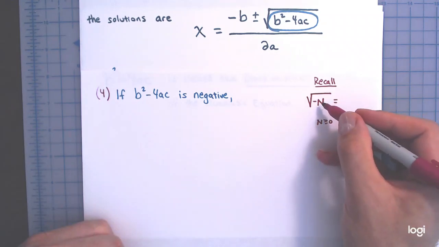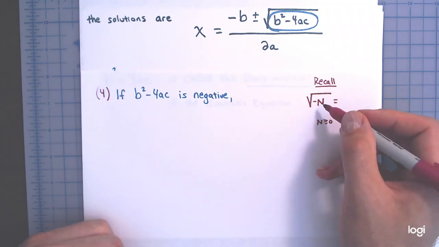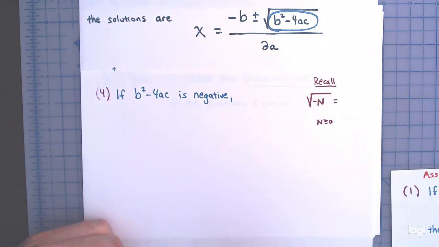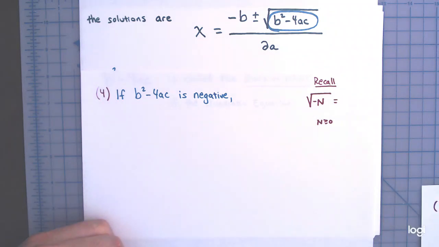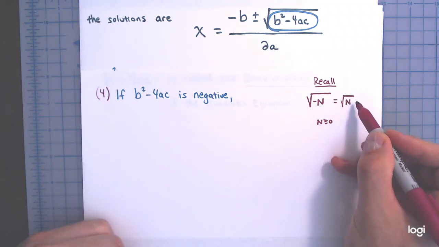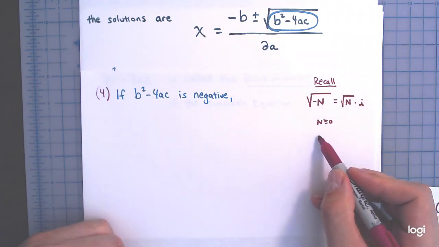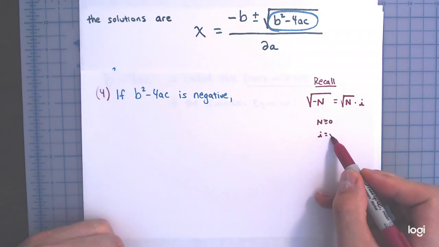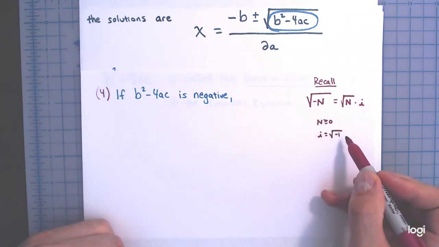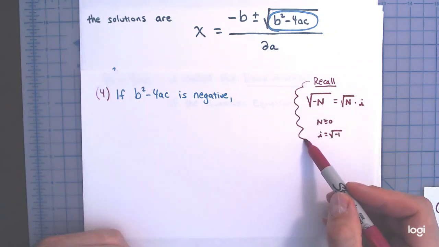This is the square root of the opposite of n, the square root of a negative number. Remember, these square roots of negative numbers are actually pure imaginary numbers. They can be written as a real number, the square root of positive n, times i, where i was the principal square root of -1. If you were to square i, it would be -1.